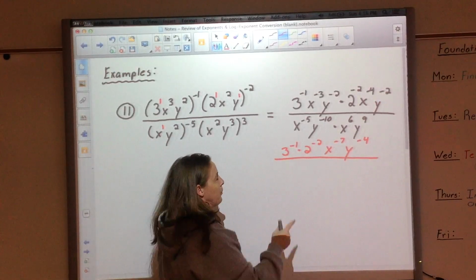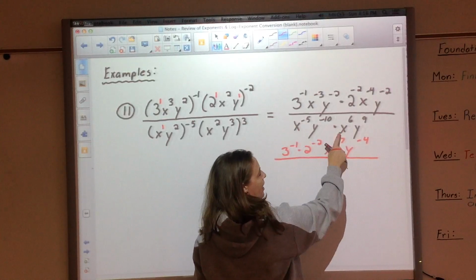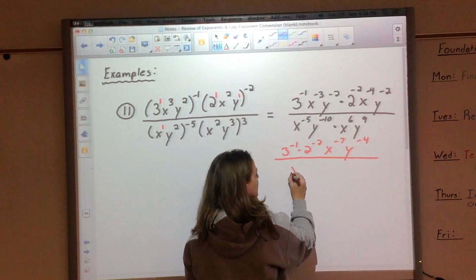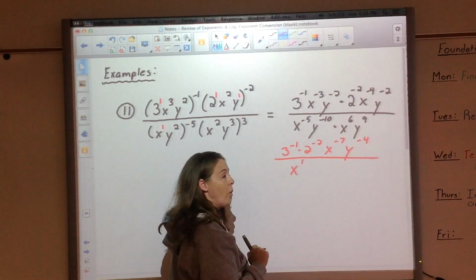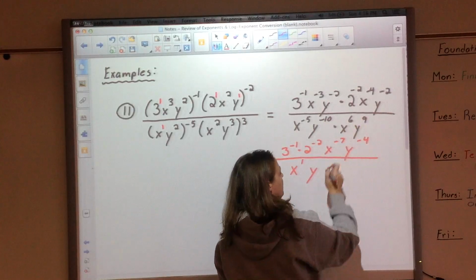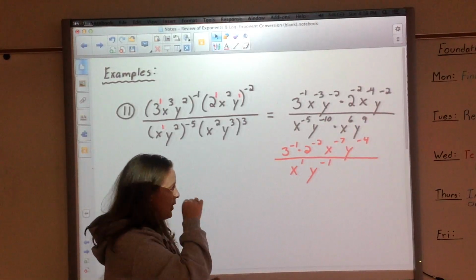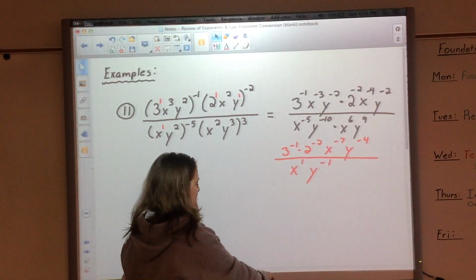All right, then on the bottom, we have x to the positive 5 and x to the negative 5 and x to the positive 6, which gives us x to the positive 1 power. And then y, negative 10 plus positive 9 is a negative 1. Now I can look at all these negative exponents and I can move them where they need to be moved.